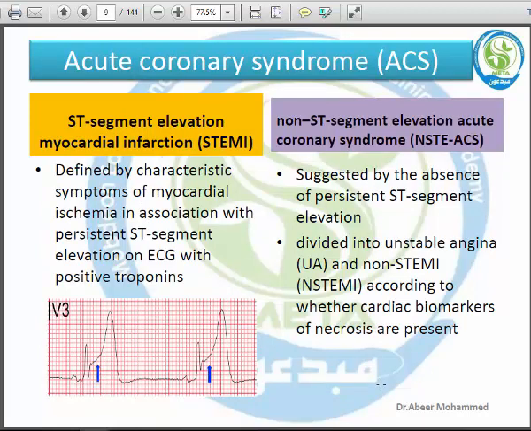According to the type of occlusion, if it is partial or total, we are going to divide the types of acute coronary syndrome into ST segment elevation myocardial infarction, STEMI, or non-ST segment elevation acute coronary syndrome. If it is total coronary occlusion, it will be STEMI.